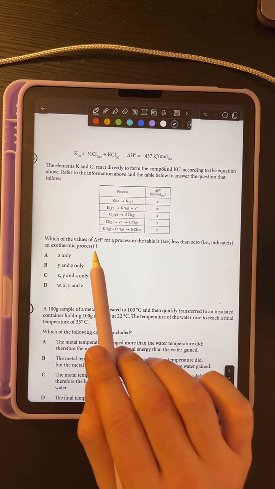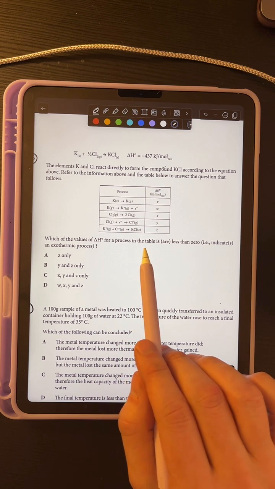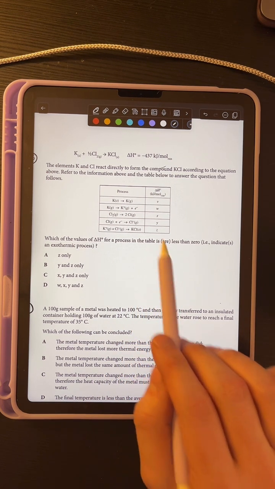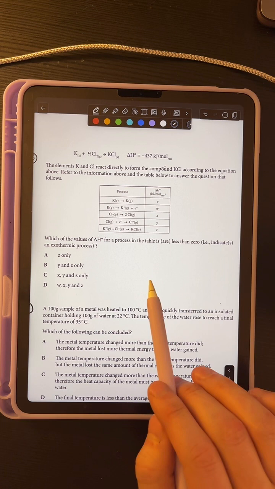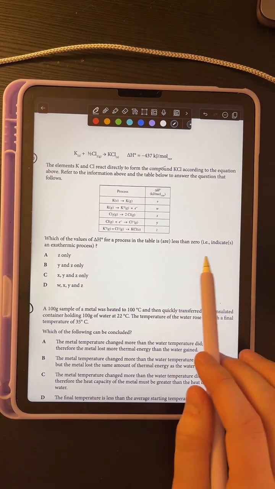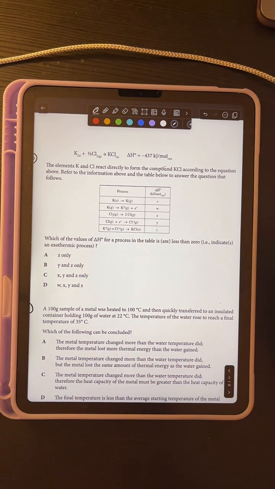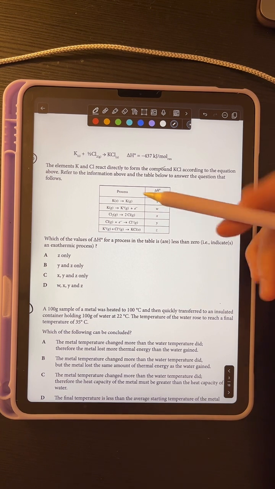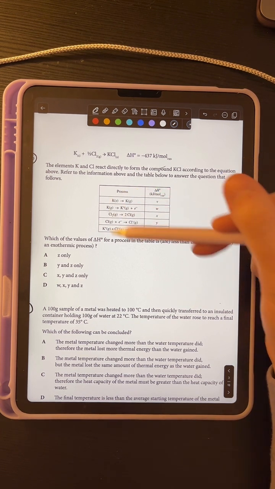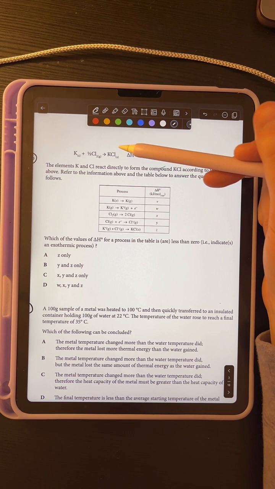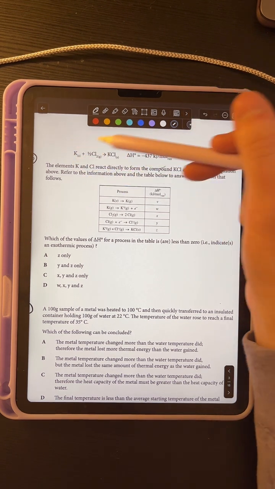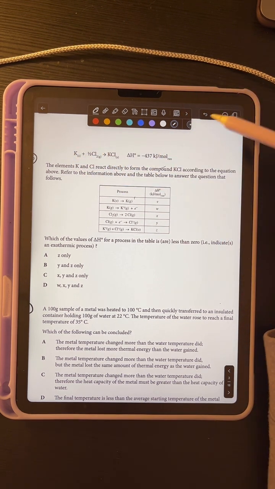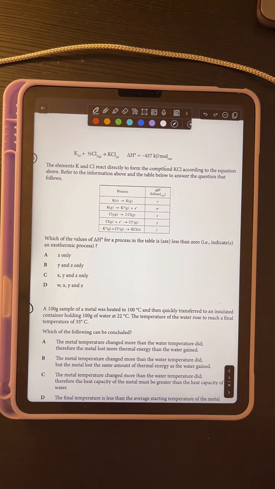Which of the following values of delta H for a process in the table is or are, so we could have more than one option, less than 0 indicates an exothermic reaction. So here we're looking at which one of these 5 reactions that are sort of stepwise to this overall reaction, which one of these 5 or which ones are exothermic, meaning they release heat.